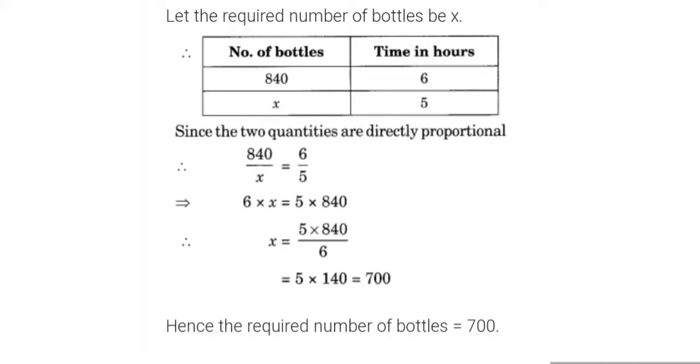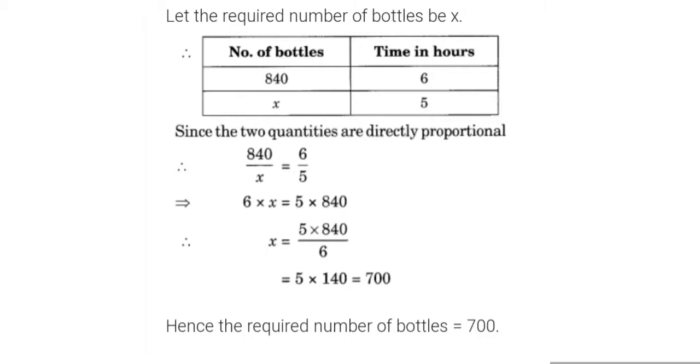So we will write in the fraction form, 840 upon X is equal to 6 upon 5. Now cross multiply. So 6 into X is equal to 840 into 5. So X value is 5 into 840 upon 6. Simplify. So answer is 700. So the required number of bottles is equal to 700.